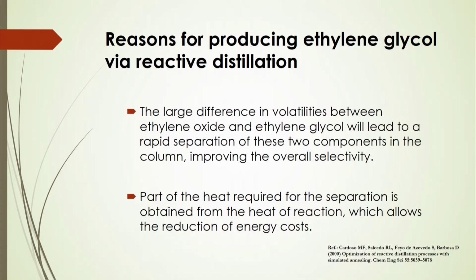Part of the heat required for the separation can be obtained from the heat of reaction, since it is an exothermic reaction, and this may also reduce the energy cost. That is why reactive distillation is chosen for the production of ethylene glycol.